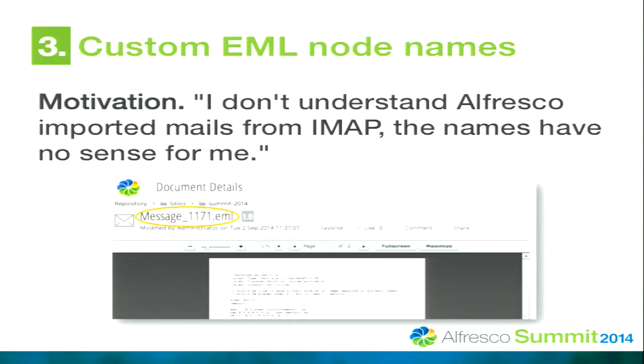Okay, let's go with 3. This is another recurrent demand of the users. If you use IMAP functionality, and if you drop your mails on Alfresco, the name of the mails is something like this.